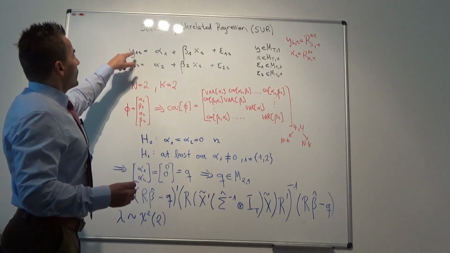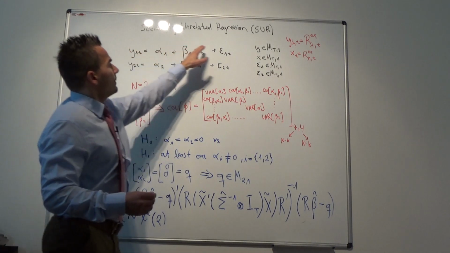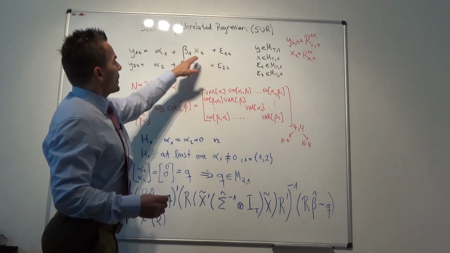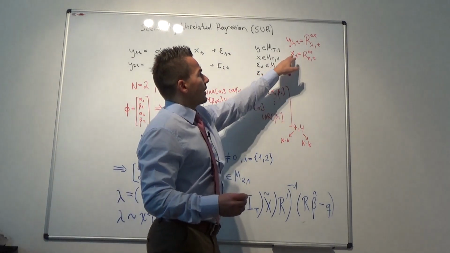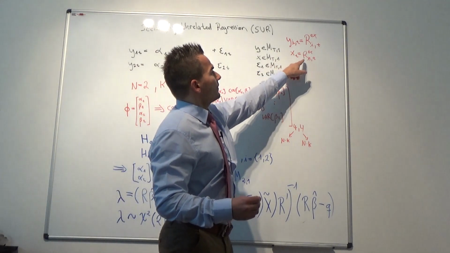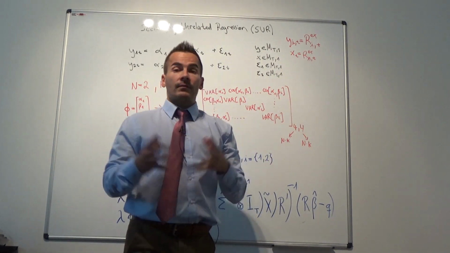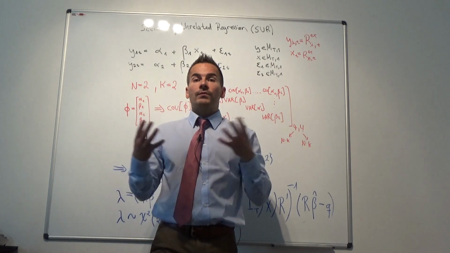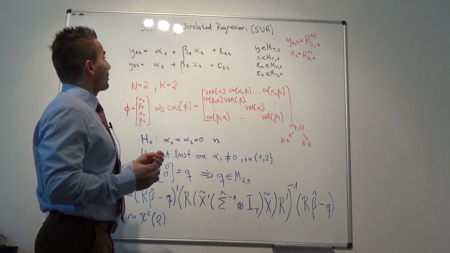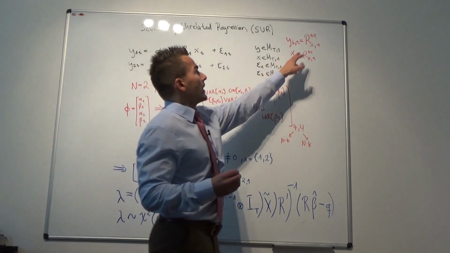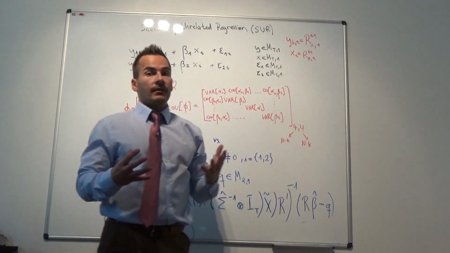So y1t, the excess return of the first asset at time t, is dependent on a factor model. The x variable, what's x? The x variable at time t is the excess return of the market factor at time t. If we are in the US, for instance, we would use the S&P 500. Note again that we have the test assets and the market factor in excess form.